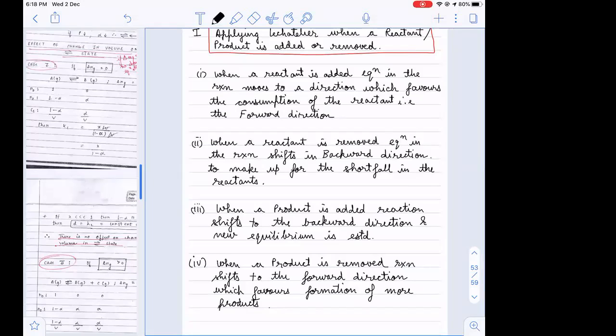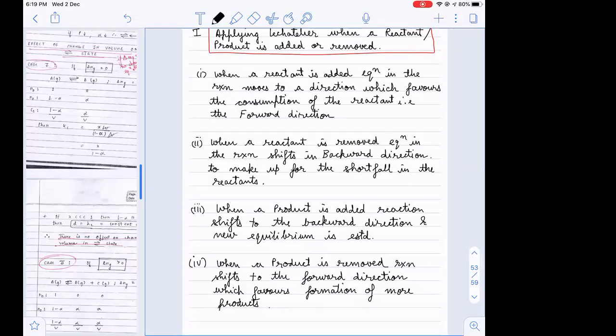These all 4 points are very, very simple. Daksh, you must have also studied this. Are you remembering studying this, Le Chatelier? A little bit. Okay.